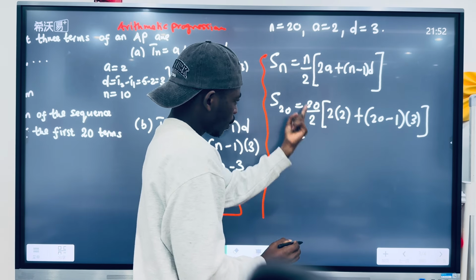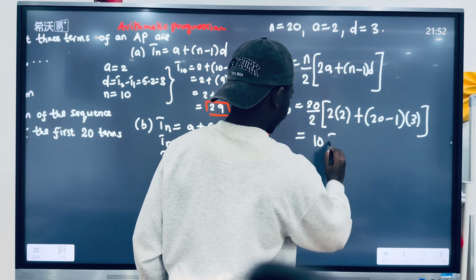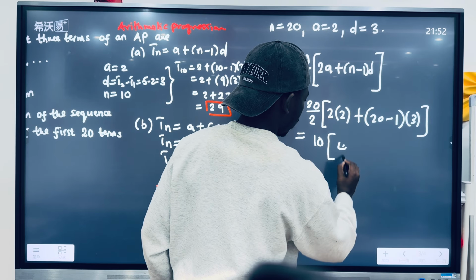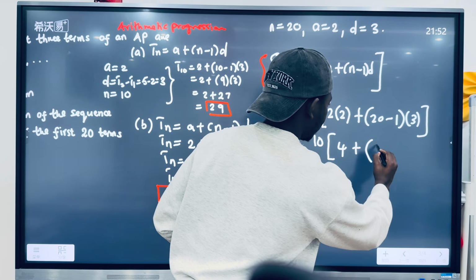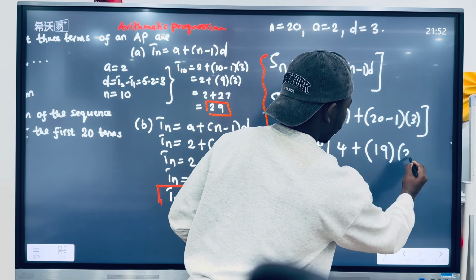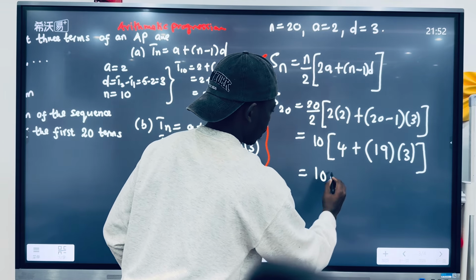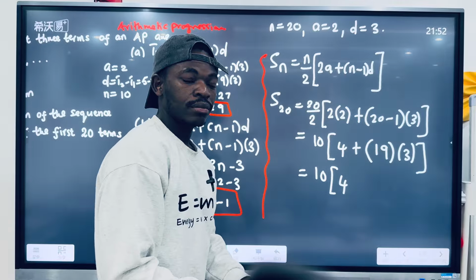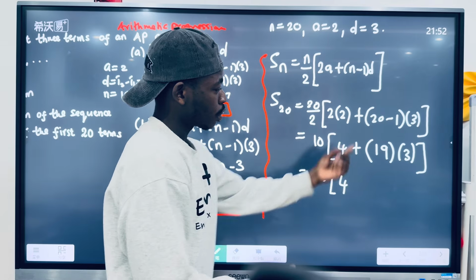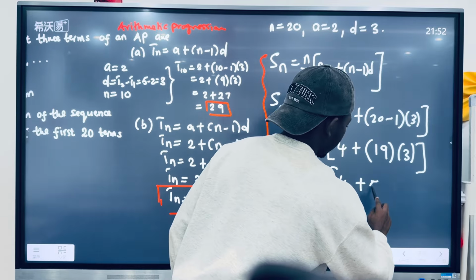So we just simplify that now. Let's start. 2 into 20, 10. 2 times 2 there, 4. Plus 20 minus 1 there is 19, multiplied by 3. Okay, we're almost there. So 10, 4 here. 19 times 3 is 57.